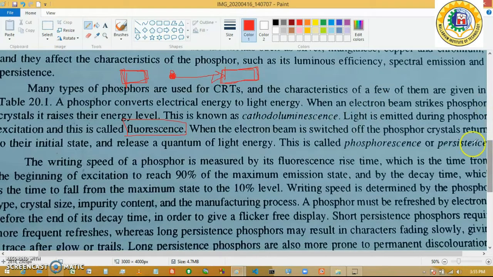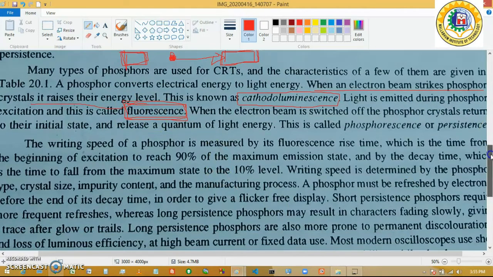Now, one property is that when an electron beam strikes the phosphorus, it raises their energy level. This phenomenon is called cathodoluminescence. When light is emitted from the phosphorus, it is called fluorescence, which I told you yesterday.